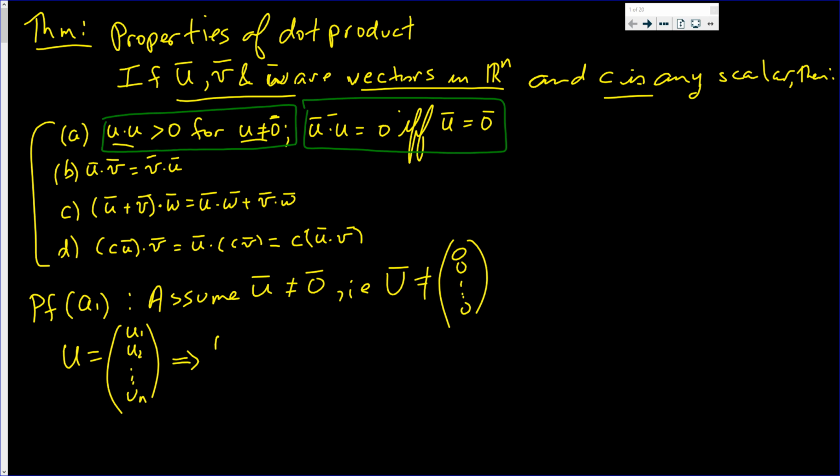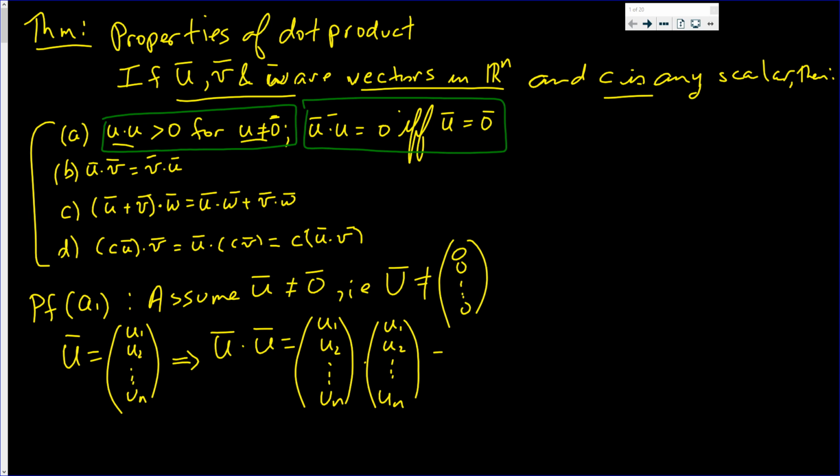Well, this would imply that u dotted with itself would be u1, u2, all the way down to u sub n dotted with u1, u2, all the way down to u sub n. And this is going to be u1 times u1, which is u1 squared, plus u2 times u2, which is u2 squared, all the way down to plus un squared.